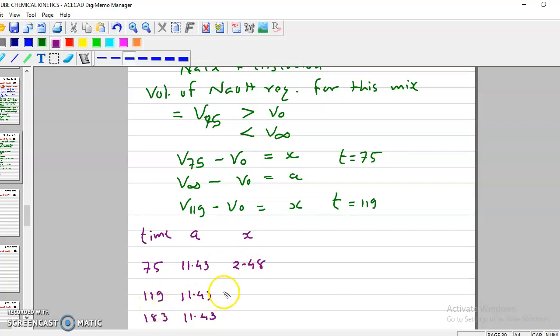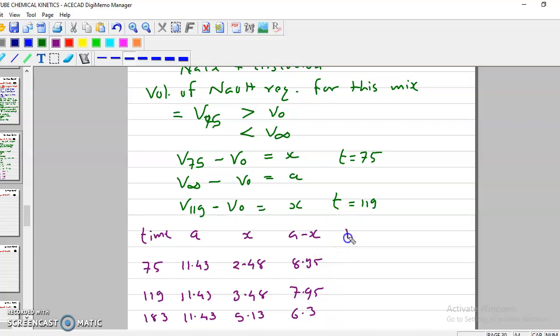Then at 119 this will be 3.48, which is 13.1 minus 9.62, and for 183 it is 14.75 minus 9.62, that is 5.13. Then we have to find a minus x, the difference of these two, which will be 8.95, then 7.95 and 6.3.